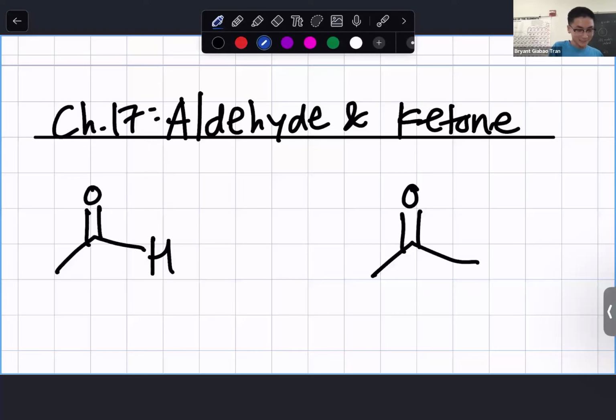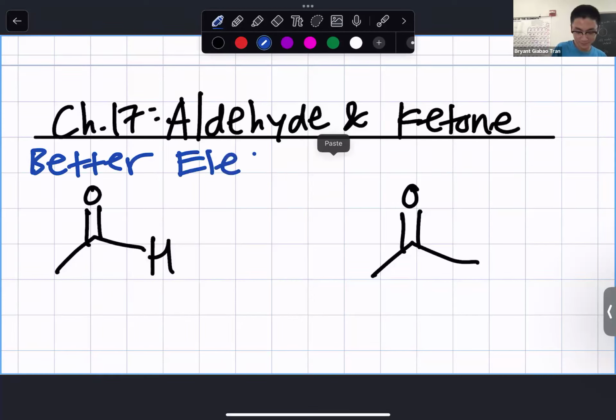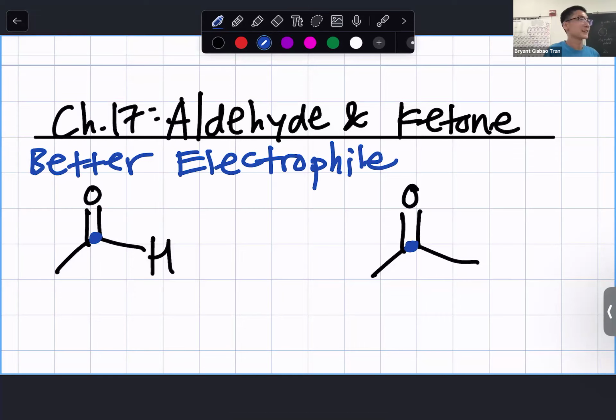Which one of these do you think is a better electrophile? Which one of the carbonyl carbons here has a bigger partial positive charge? Aldehyde has an H, and there are R groups. Are R groups EDGs or EWGs? EDGs. So the R groups are going to donate electrons into that carbonyl carbon.